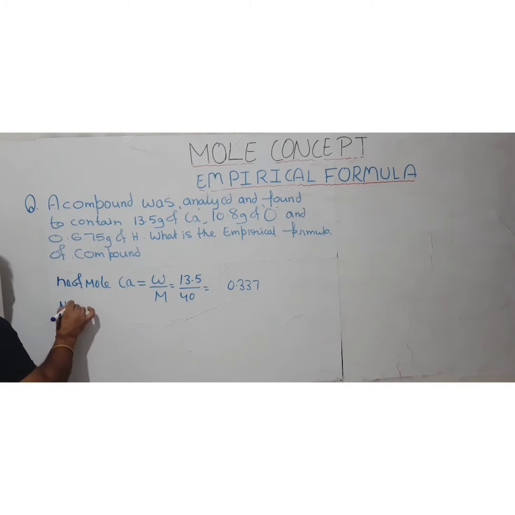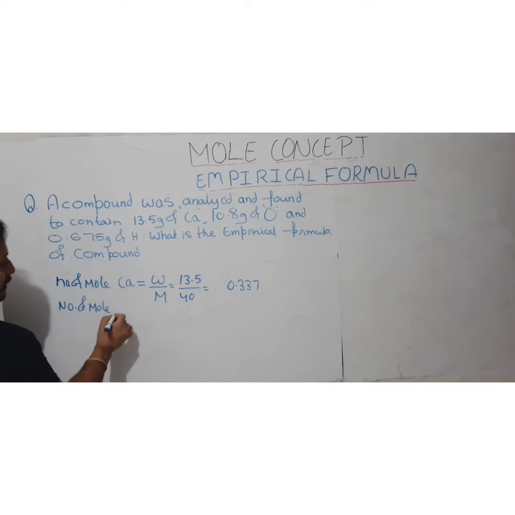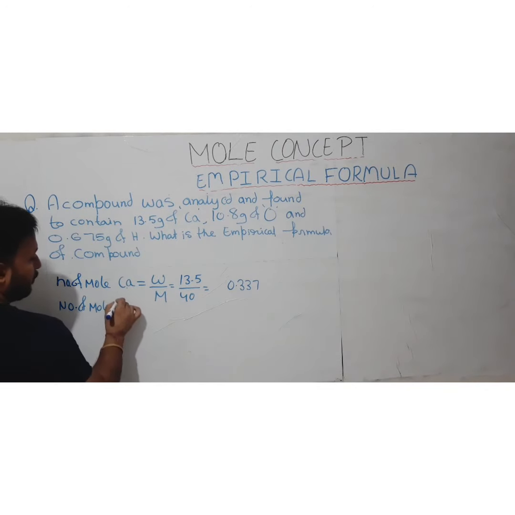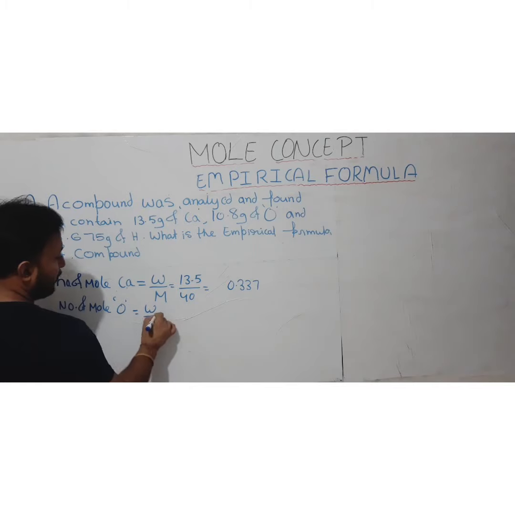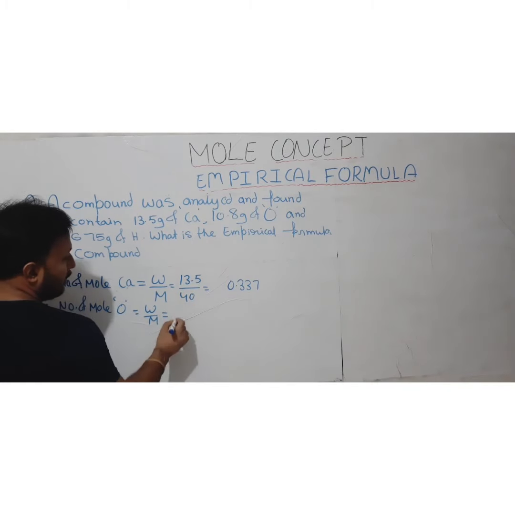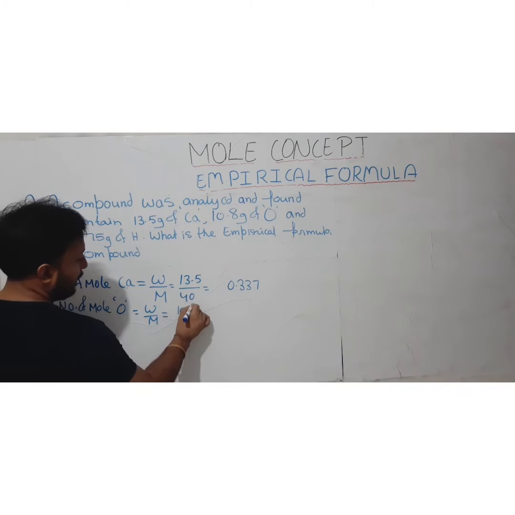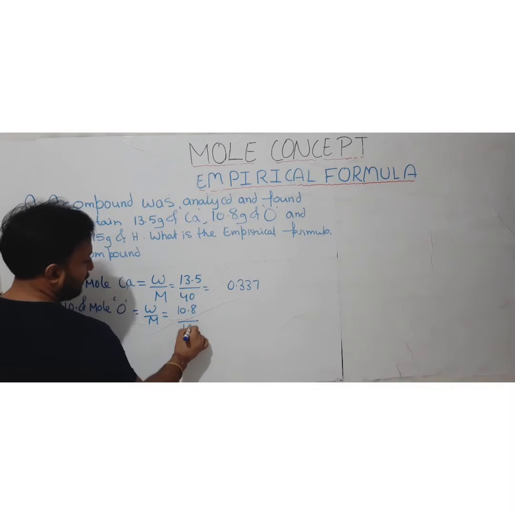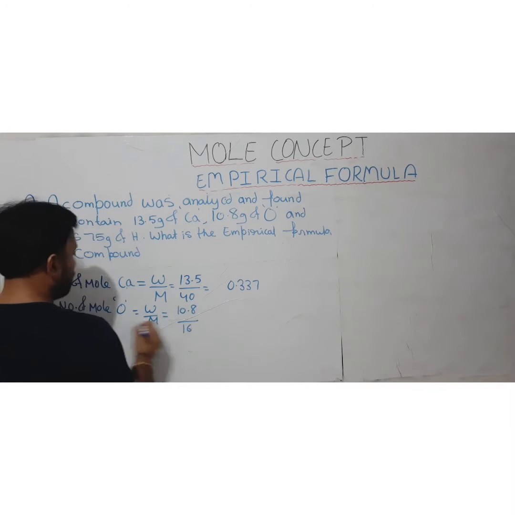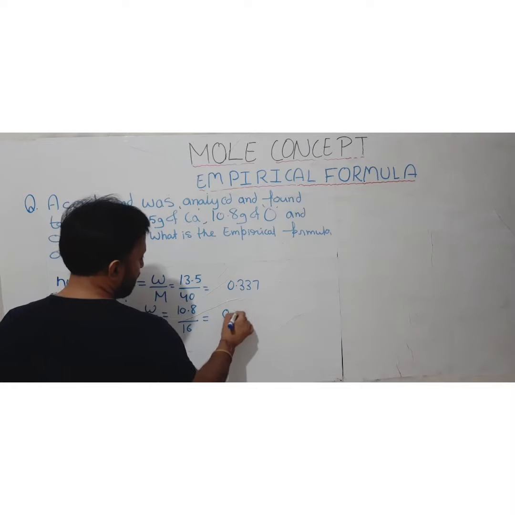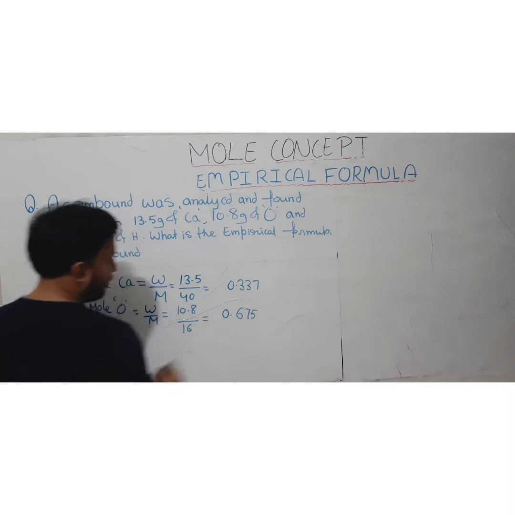Then you have to find the number of moles of the next element, that is oxygen. Again the formula is given mass upon molecular mass. This time it is 10.8 divided by 16, as we know the molar mass of oxygen is 16. So it will be coming around 0.675.